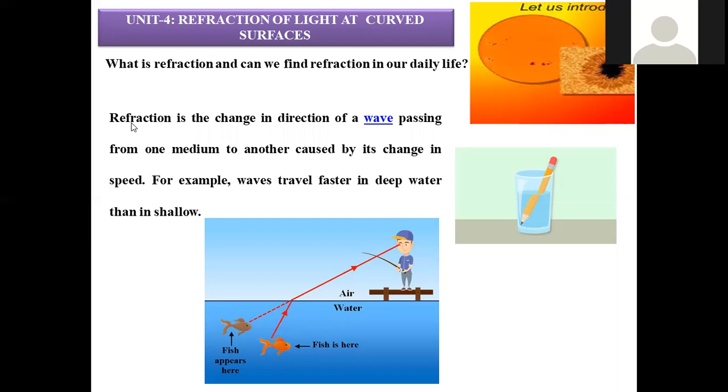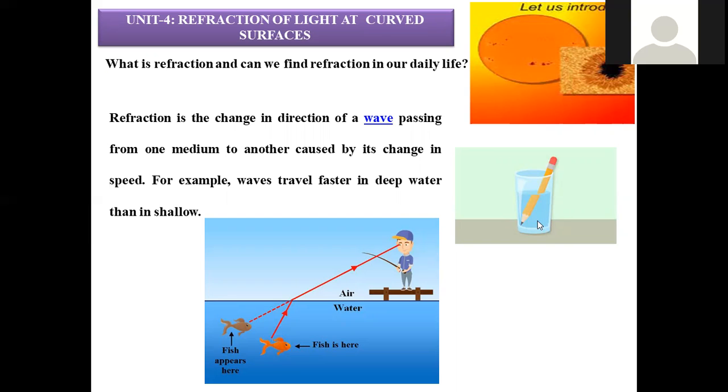When light passes from air to water, there is a certain change. Its speed will change as well as its angle. So the change in the direction of light when it passes from one medium to another, and the change in its speed as well, is known as refraction of light.